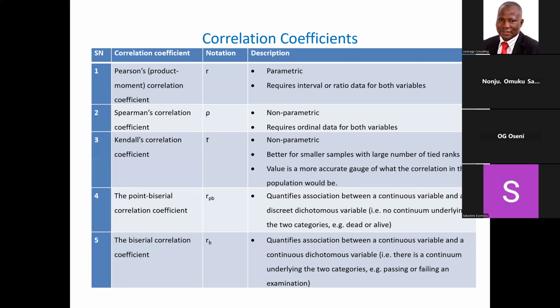Diabetes, yes or no, is a function of the blood sugar they have, whereas the age or the weight remains. That type of correlation will be a biserial correlation.